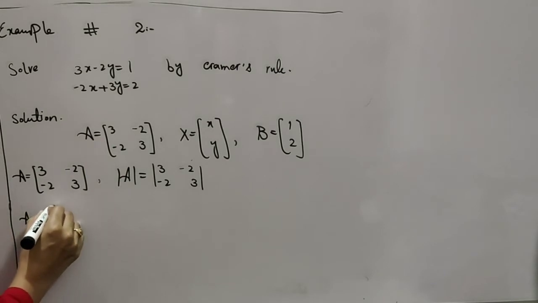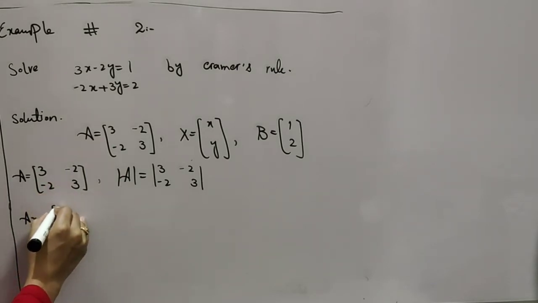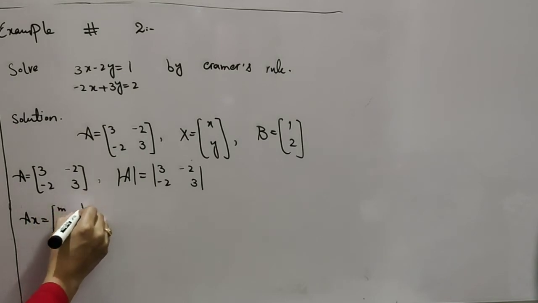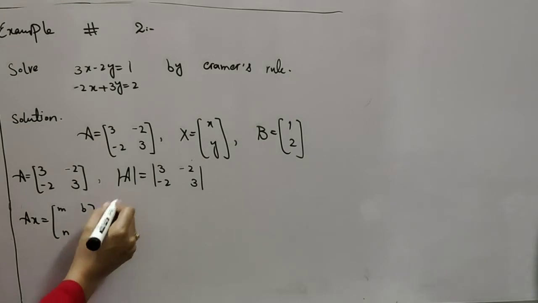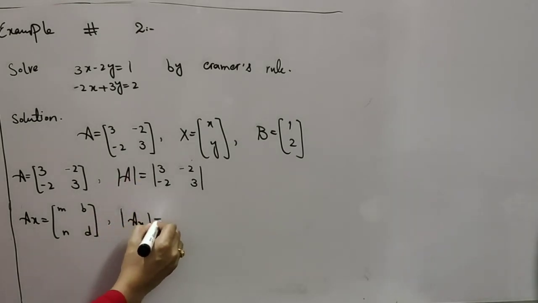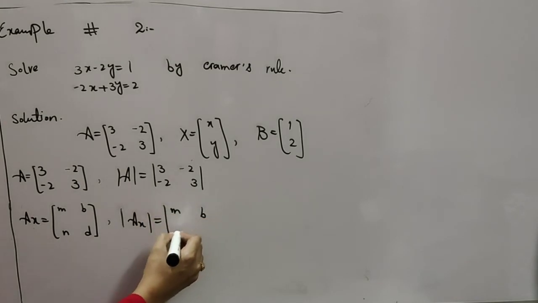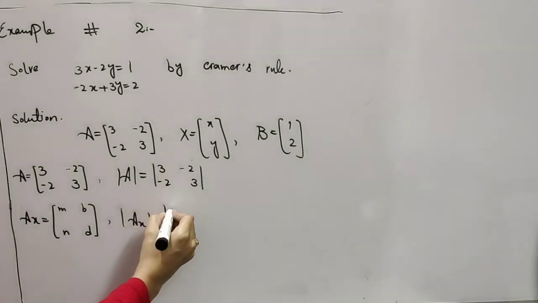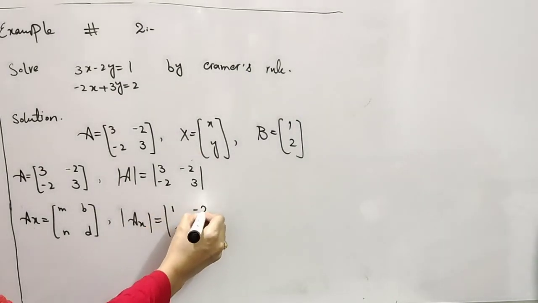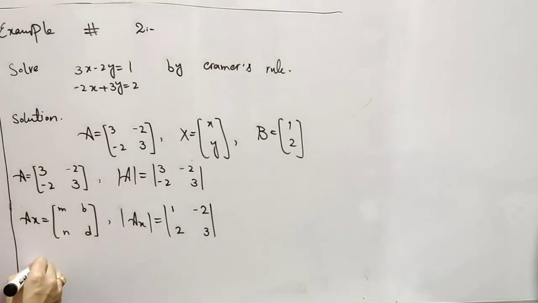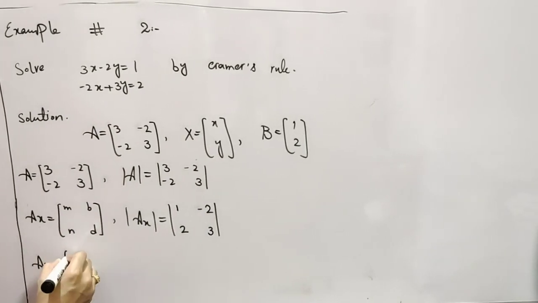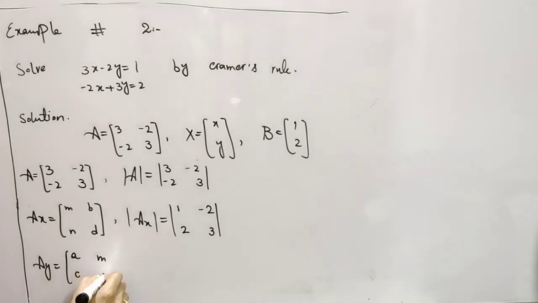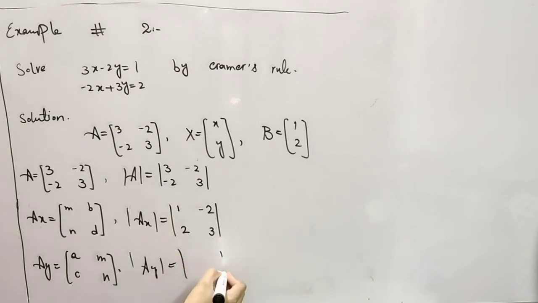Ax is equal to m, n, b and d, so the determinant will be equal to [1, -2; 2, 3], and Ay is equal to a, c, m and n, and the determinant of Ay is equal to [3, 1; 2, 2].